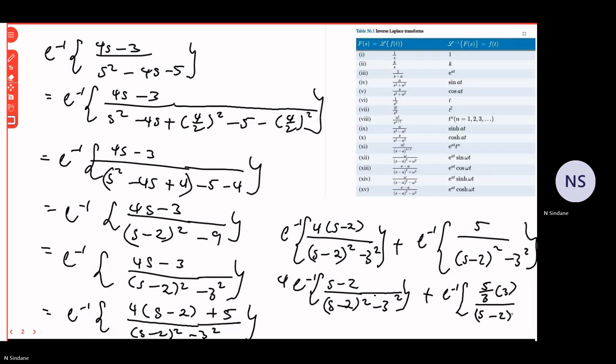Then this will be, if I look at this, similar to the standard forms: 4 e to the power 2t hyperbolic cosine of 3t plus 5 over 3 e to the power 2t hyperbolic sine of 3t. That is my solution.